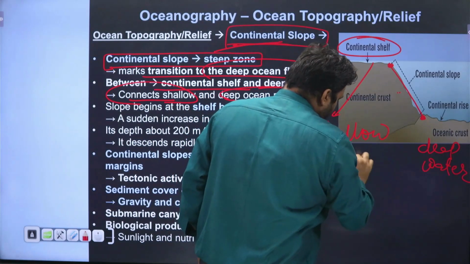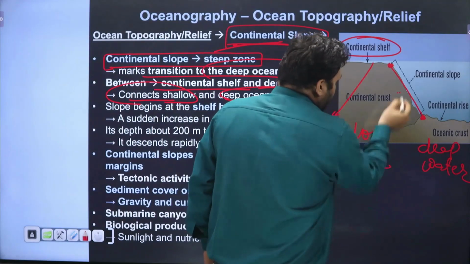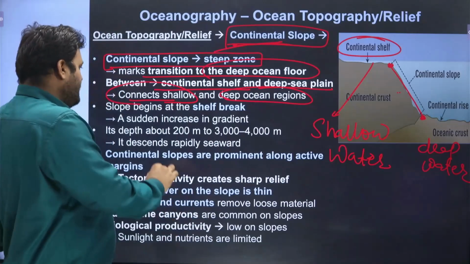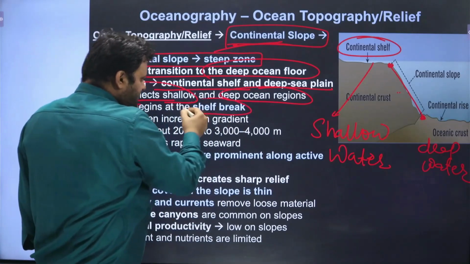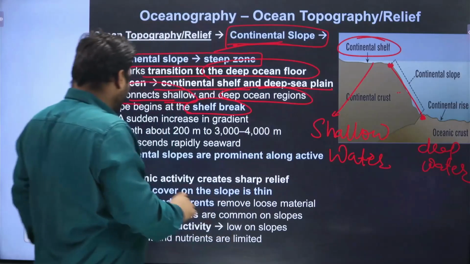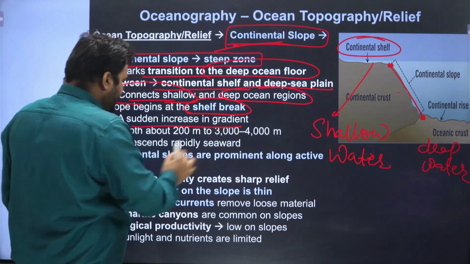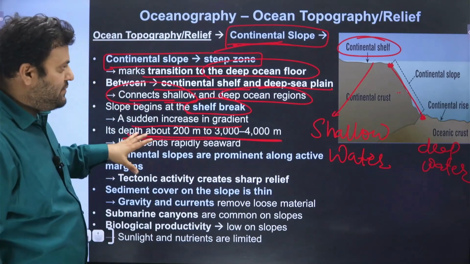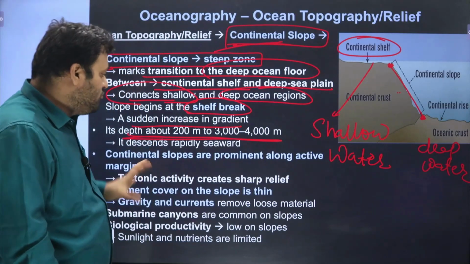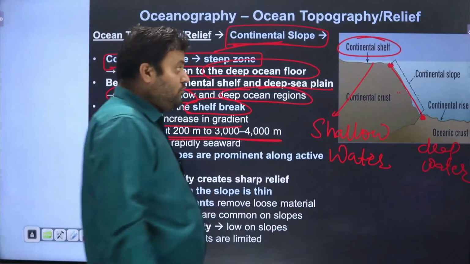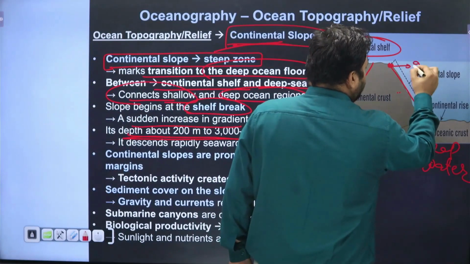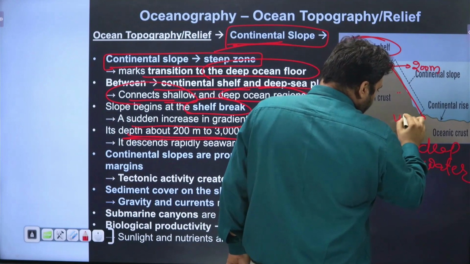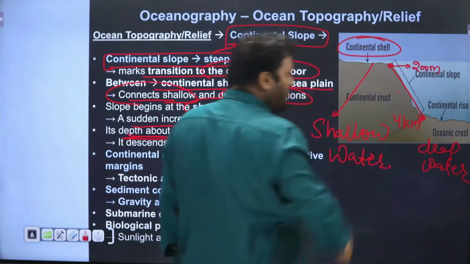Both are connected by the slope, which acts like a transition zone between the two. The slope begins at the shelf break point, as I told you, where there is a sudden increase in gradient. The depth of the continental slope could be from 200 meters to almost 4 kilometers.